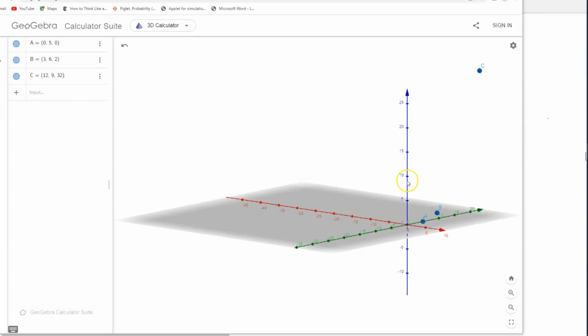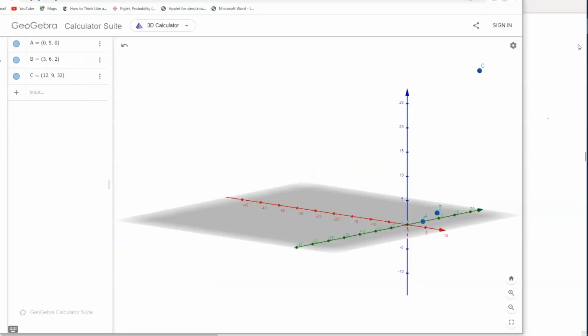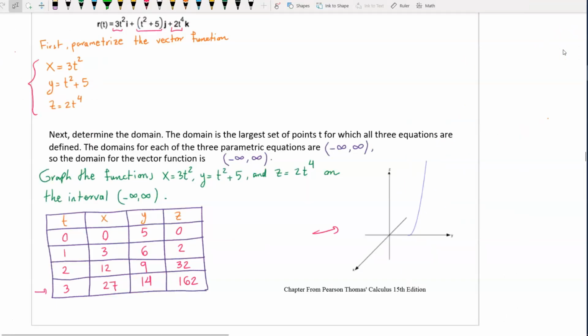So this is 3D. We have X, Y, and Z. So this is what we have after connecting all those points. On GeoGebra, I did 3 points here. So this is what we had based on GeoGebra.